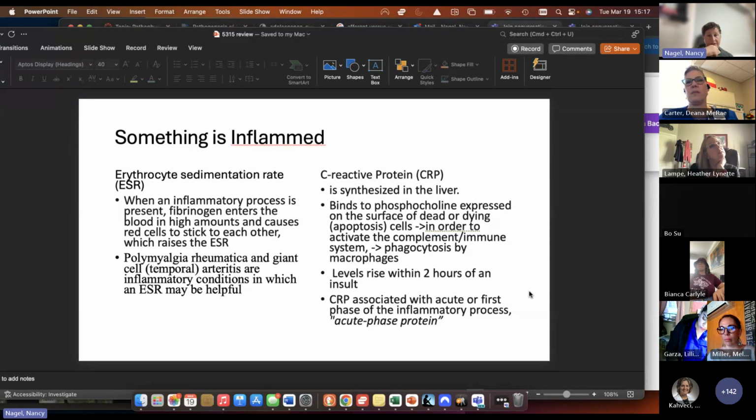ESR versus CRP. Go ahead. Oh, in terms of the anorexins, like leptin, how when there's surplus of it, you can get resistance to that.